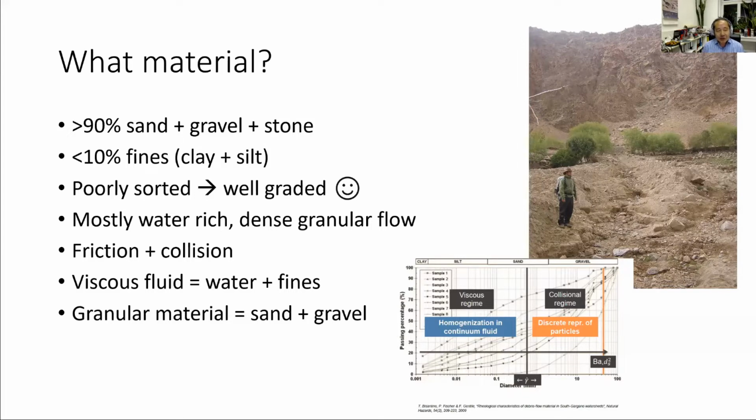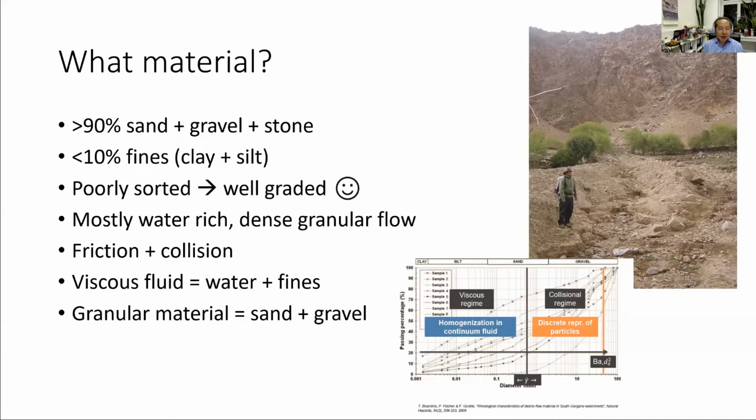So most times we deal with water-laden, water-rich, dense granular flow. It is very important to notice dense granular flow. This means that on the way downwards, we see friction and collision among the particles. Sometimes friction is dominating, and other times collision is dominating, right? And how can we handle this part of fines?